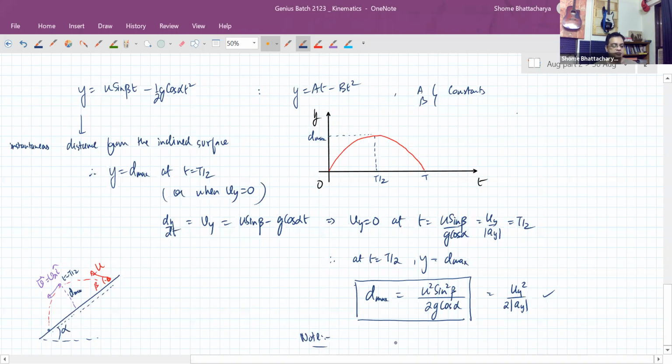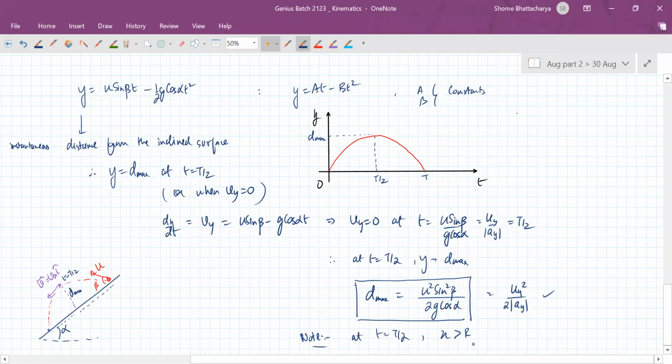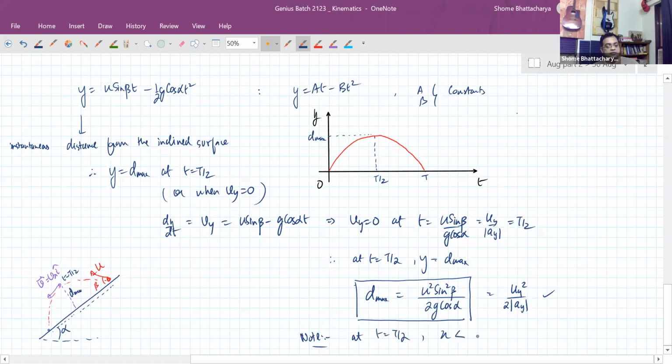In terms of time, there is symmetry, but at t equal to capital T by 2, x is not r by 2. Actually x will be less than r by 2, because we have acceleration along the x-axis this time. It will have covered less than half, because the speed along the x-axis is increasing. So the important thing is x is not equal to r by 2.